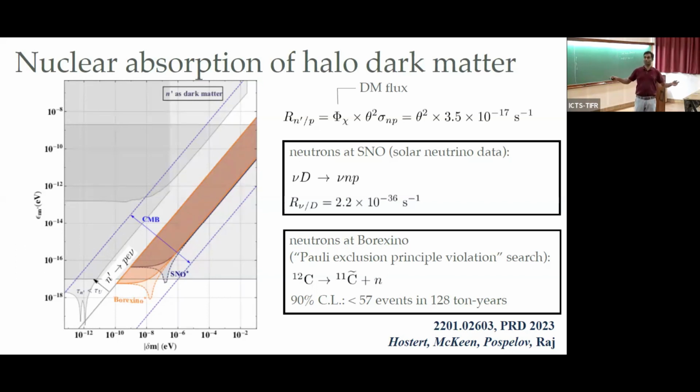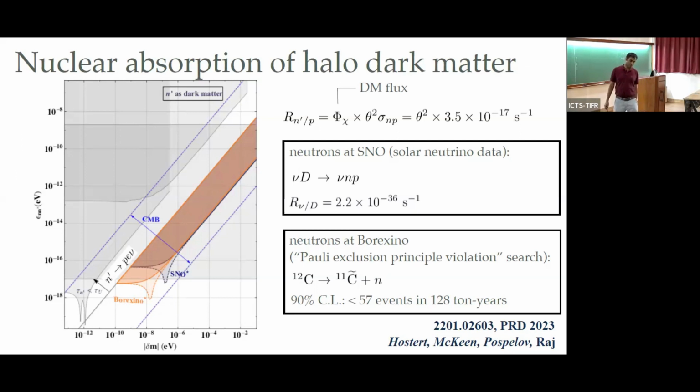Imagine neutrons are the dark matter. I'll just have phi times the cross section, but I have to insert the theta squared. And so comparing these rates, I can set a limit on the mixing angle and mass, right? The mixing angle, which gives limits on the off-diagonal mass and the mass splitting, right? So that's what this is. SNO, yeah, here it is. Okay, the brown region.